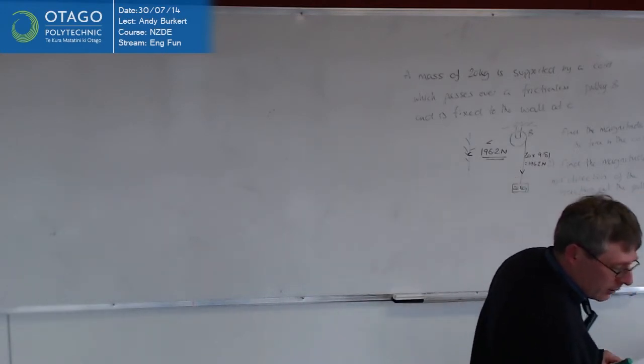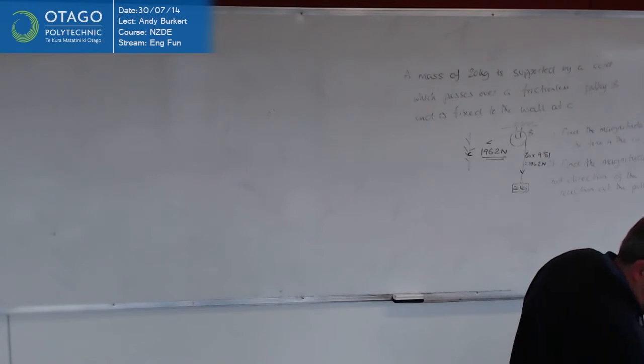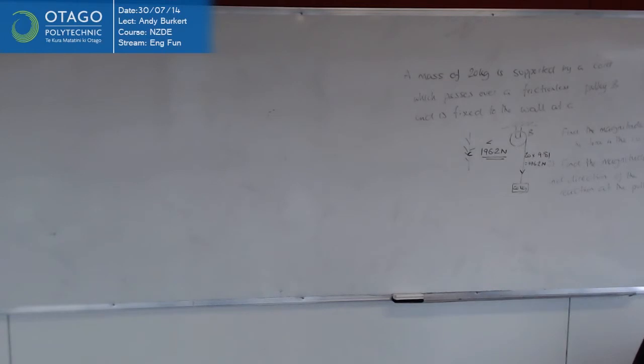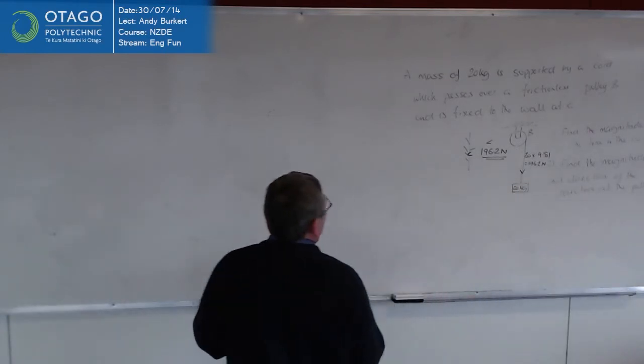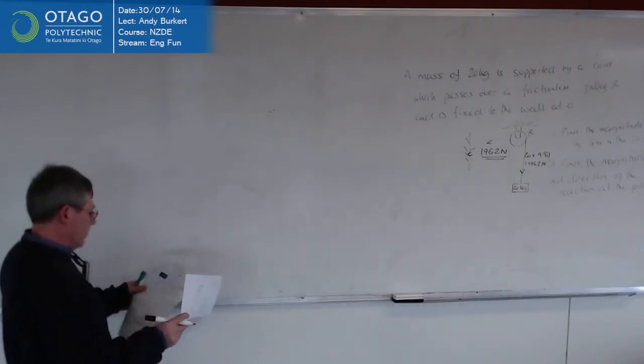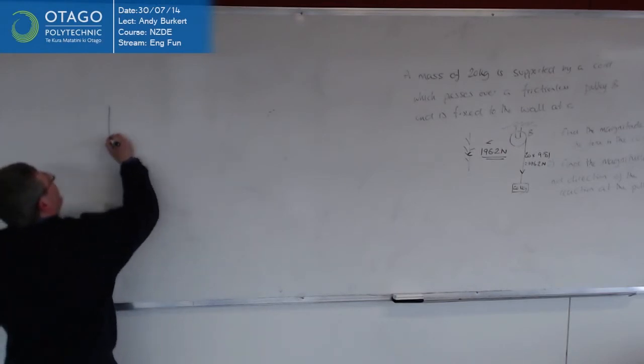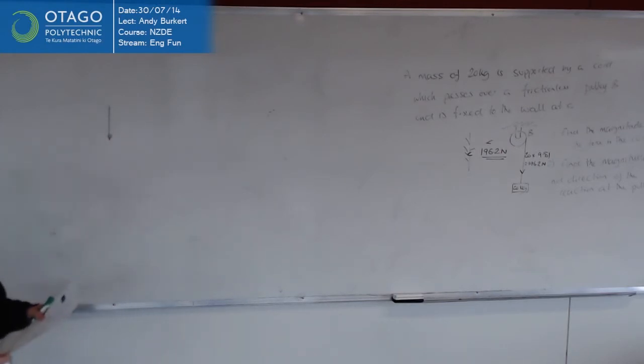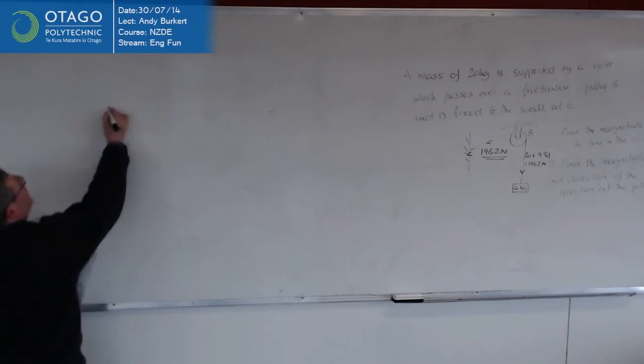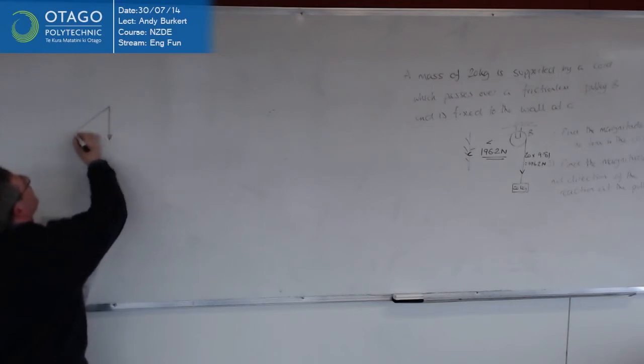What's our free body diagram going to look like? So at the moment, all we're going to have is our weight acting down and our force in the cord, so it's going to be like that. Yeah?